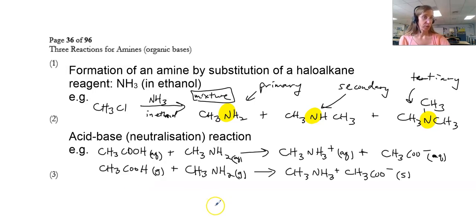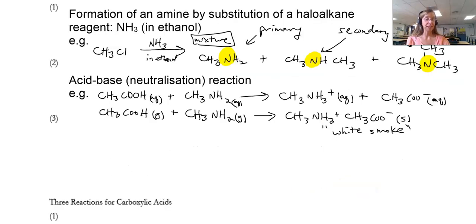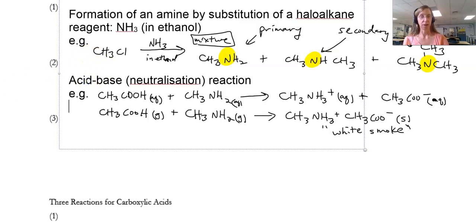Because when it produces the two ions, they're not dissolved in water, and so it's an ionic substance, and so that is a solid. And a solid forming in a gas phase looks like white smoke. Well, this would be white because it is white, but it looks like smoke, a solid forming in the air. So we could actually see that reaction happening. So that could be useful as an identifying reaction.